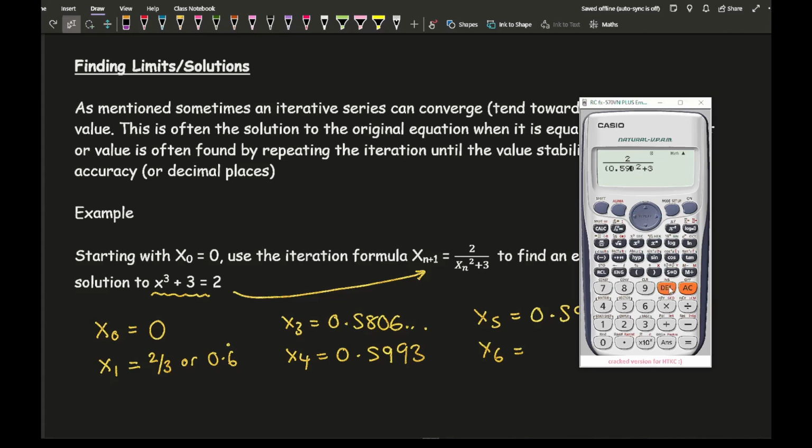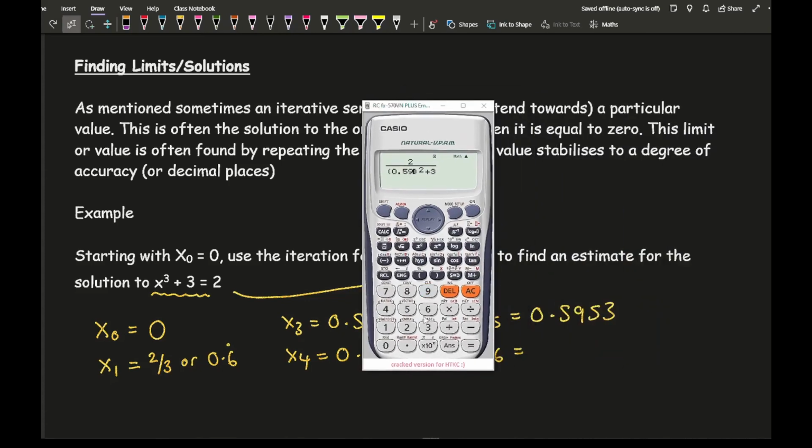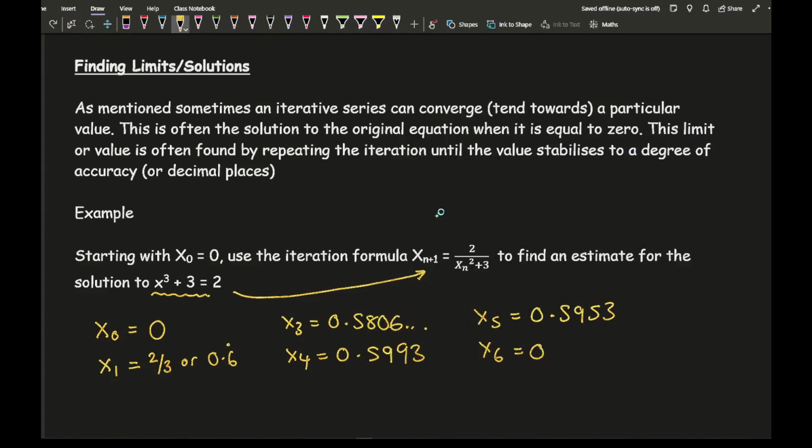As you can see, doing this manually is a very tedious task. So let me change that to 5953, press equals, and it comes up with 0.5962. One thing you notice is that after x4, the first two decimal places are not changing. It's going to be 0.59 something.